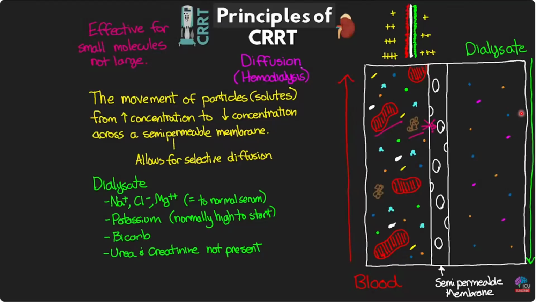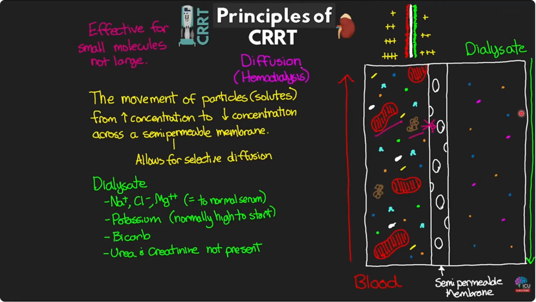So in a better picture here, the basic principles of diffusion in CVVHD: you look at this picture and see that the blood with all the junk in it, all those additional electrolytes, all the creatinine, all the urea, is on the left side. As the dialysate flows countercurrent, separated by the filter that we use, the hope is that the dialysate has a lower concentration.